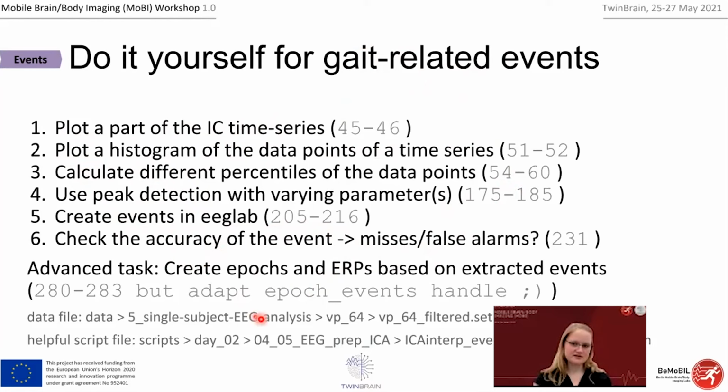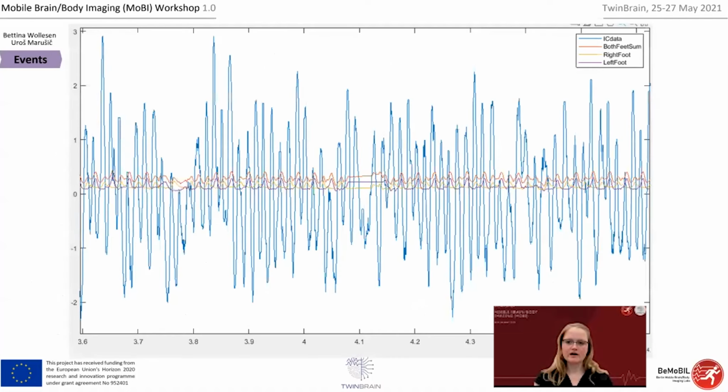So you can do this afterwards. And I just want to show you something else, why I find it pretty convenient that this is gait related. There is some alignment with the motion capture, and this is not scaled.